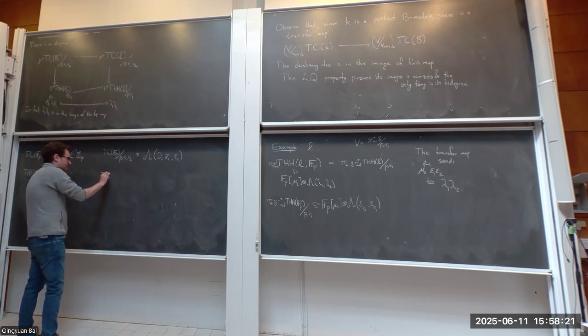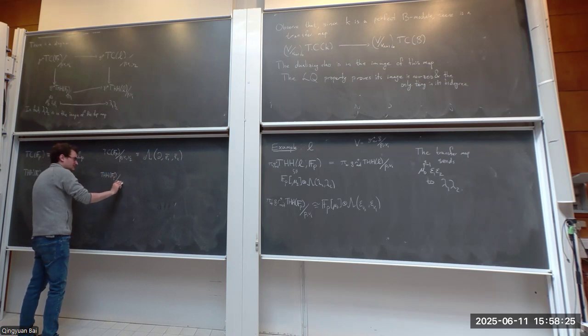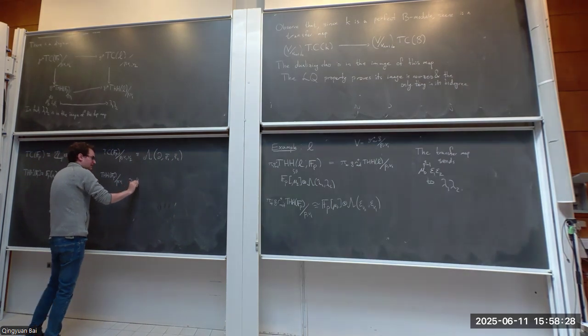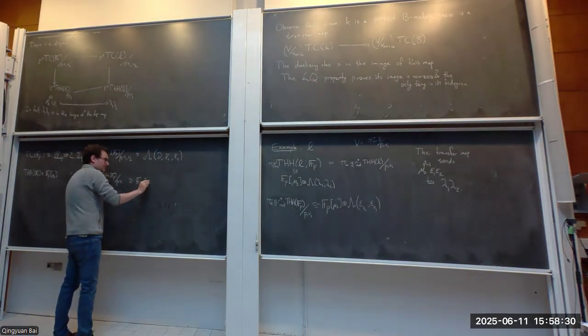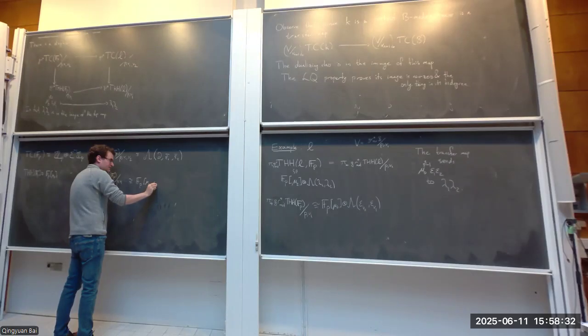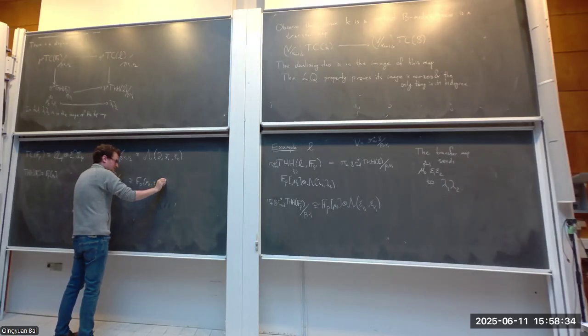THH, which is F_p, on p and v1. Instead, F_p adjoined epsilon 0, epsilon 1.